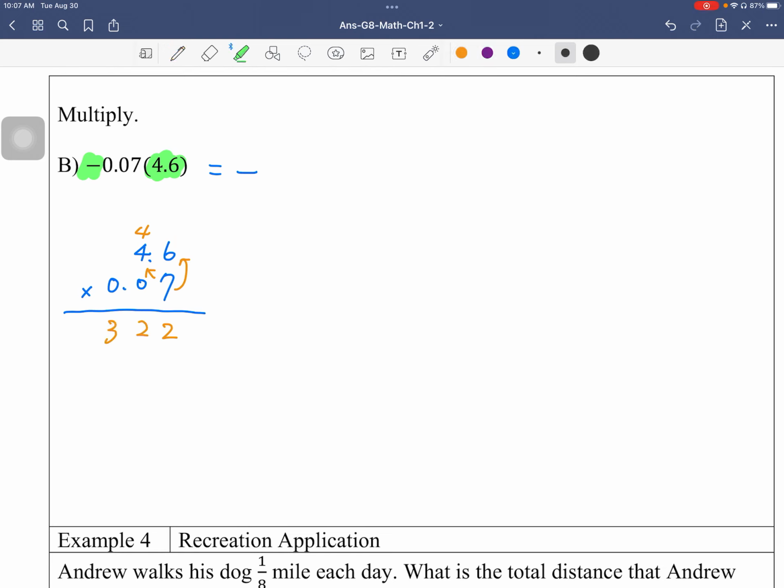And then I got 3 digits after the decimal: 1 digit, 2 digits, 3 digits. So negative 0.07 times 4.6 is negative 0.322.